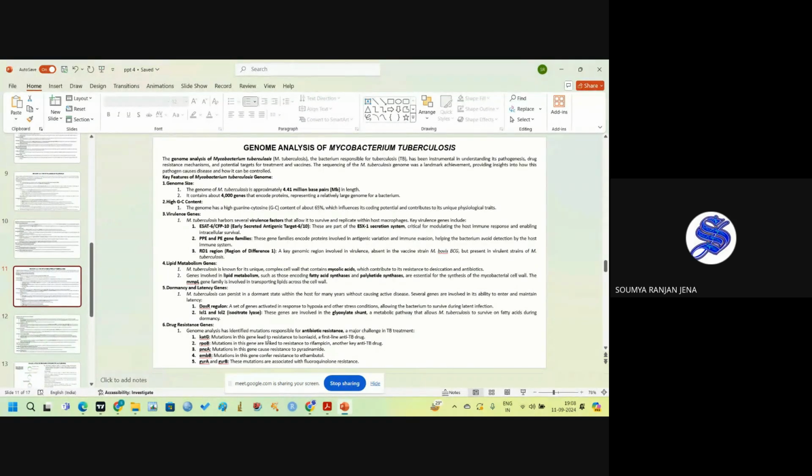This mutation in katG leads to resistance to isoniazid, a first-line anti-TB drug, and rpoB is also resistant to rifampicin, and pncA and embB. Then gyrA and gyrB are also called drug resistance genes. If you give any drug and this gene is activated, it will throw the drug out of the cells, and the Mycobacterium species will not die.